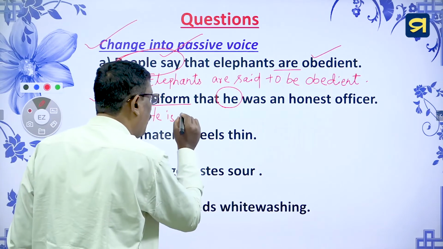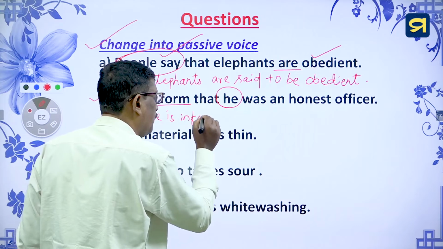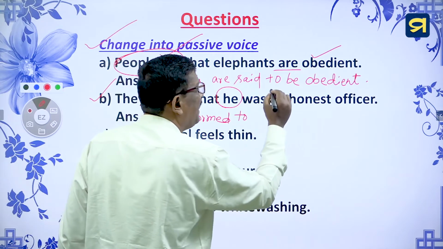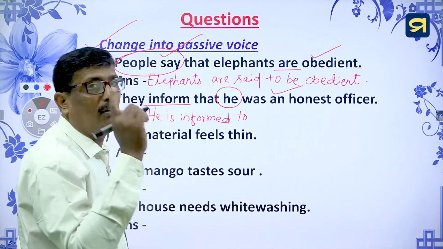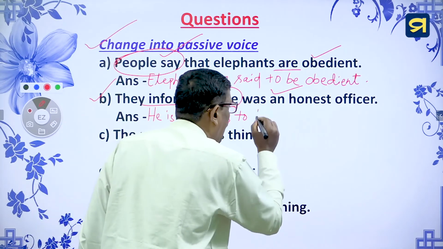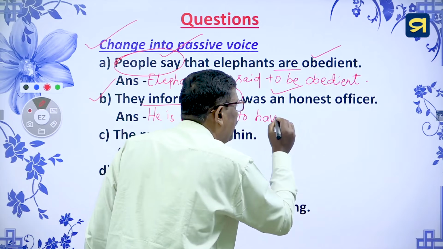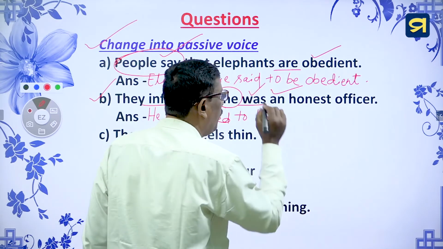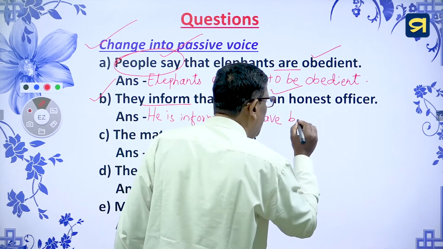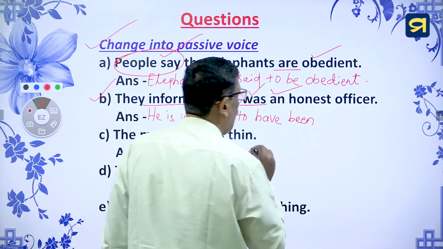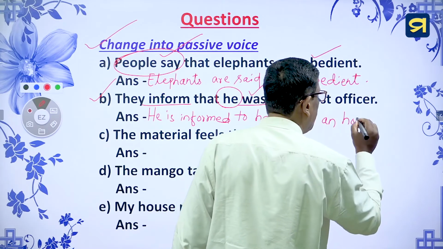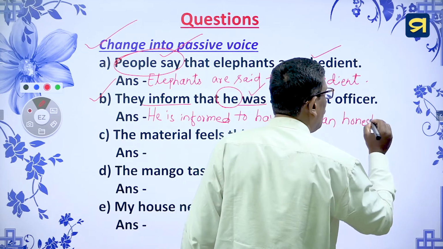He is informed, followed by to, as it is in the what? Active voice. To followed by have. Then the third form of the main verb. What is the third form of the main verb? Was. Here, been. And the other words are an honest officer.